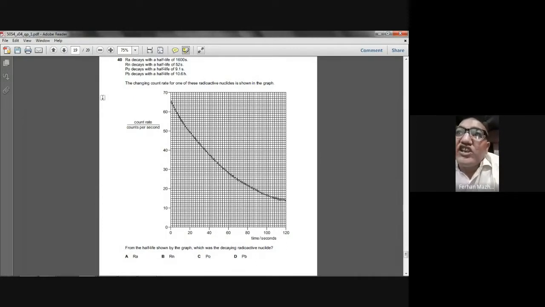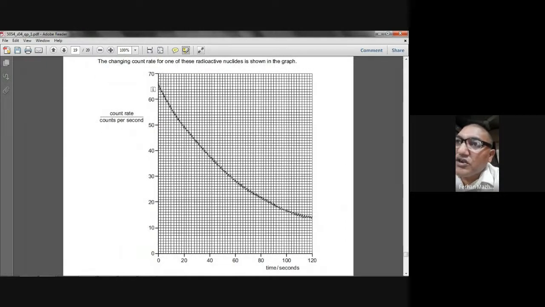The changing count rate of one of these radioactive nuclides is shown in the graph. I don't know what the background radiation is, so I'm not considering it. Simply, directly, we are going to find the half-life.